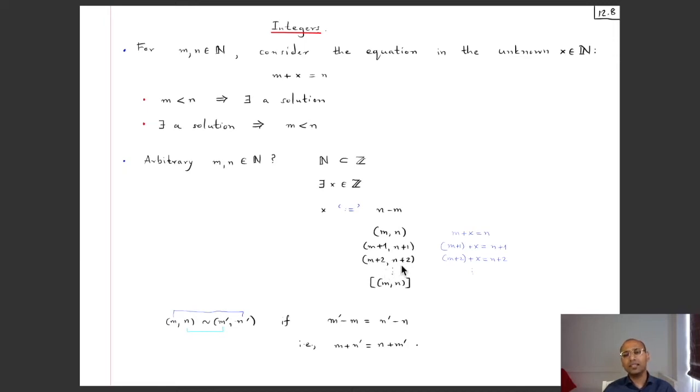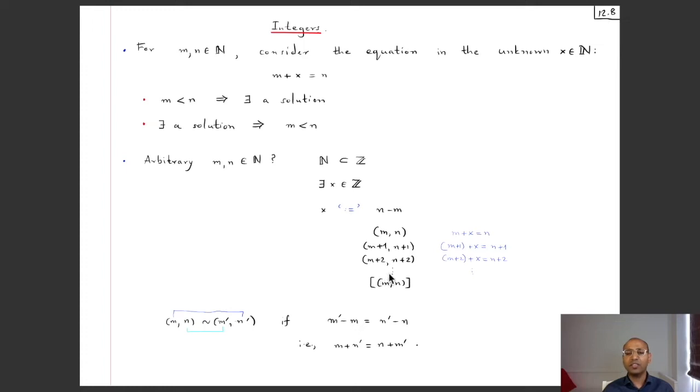So this suggests that, well, they are equal in some sense. That reminds us that perhaps they are equal under an equivalence relation, and then all these ordered pairs are really in the same equivalence class. So they are one and the same thing, and the integer should really be then the equivalence class containing that ordered pair. Okay, so all this is wishful thinking.